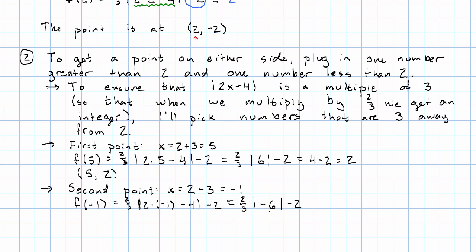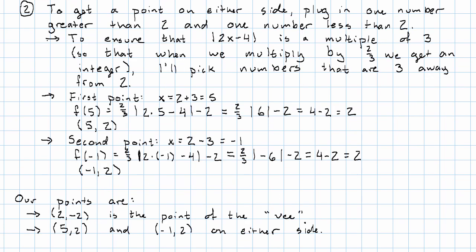Absolute value of negative 6 is positive 6. 2/3 times 6, that's 4 again. So our second point is going to be negative 1, 2. So our points are going to be 2, negative 2 as the point of the V, and 5, 2, and negative 1, 2 as points on either side.